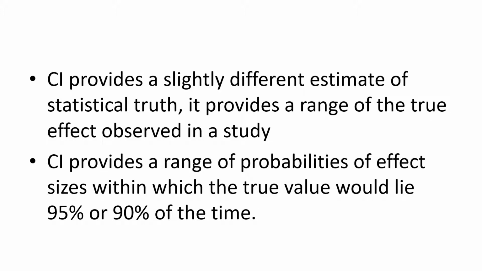So the confidence interval provides a slightly different estimate of statistical truth. It provides a range of the true effect observed in a study. Confidence interval provides a range of possibilities of effect within which the true value would lie, that's between 95 or 90% of the time. So basically, we may have a drug that produces a significant effect.